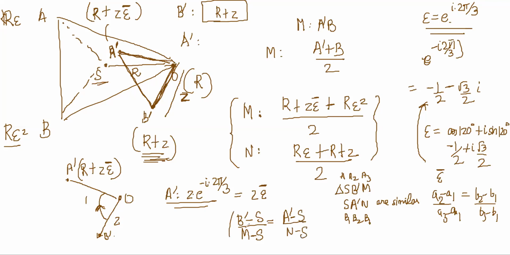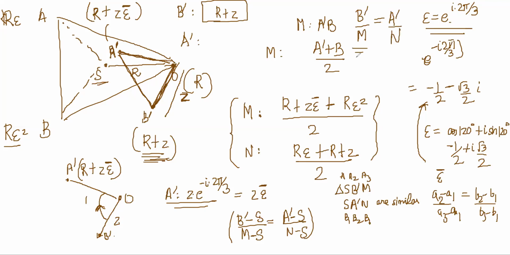The complex number should be identical. That will mean both corresponding sides are same, and it will also mean that the argument is the same, right? SAS similarity I'm doing, right? Now S is the origin, so this calculation becomes really easy because it's just B dash by M I have to prove is equal to A dash by N, right?